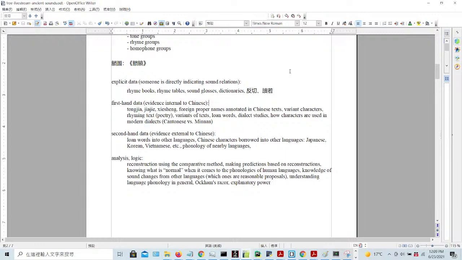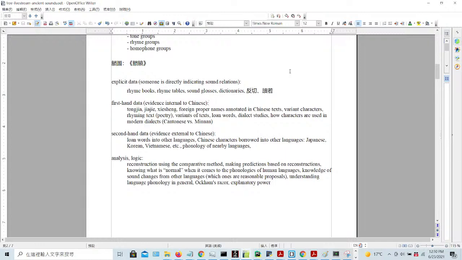So say character A gets used for character B in a text, and we're seeing an actual native speaker of whatever language, if it's Middle Chinese, Old Chinese, or some dialect thereof, or some intermediate stage between those two or after them, using characters in a way that tells us something about how they sounded, usually more of the sound relation between two or more characters.